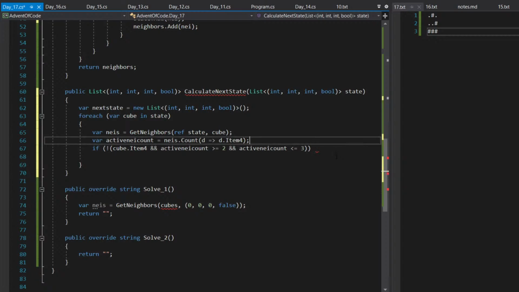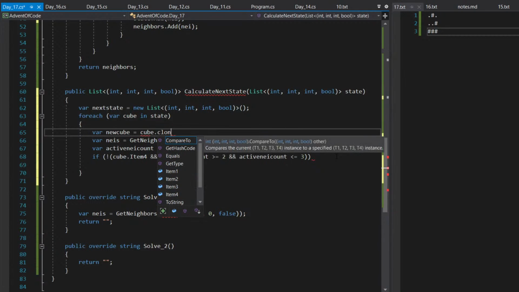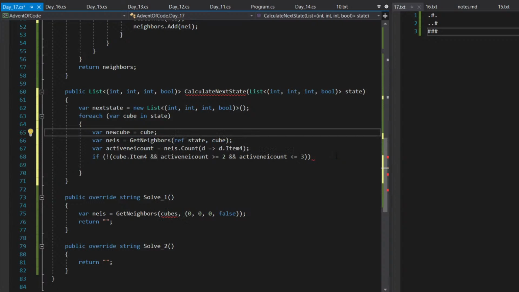We need, how do we... Am I going to be able to do this? I'm not sure if setting new cube to cube, if that's going to pass by reference or pass by value.